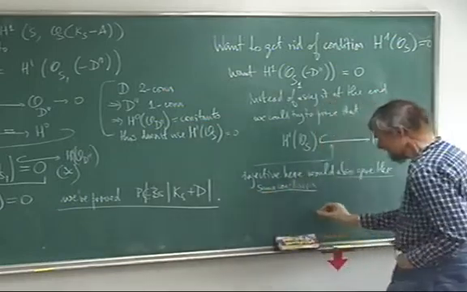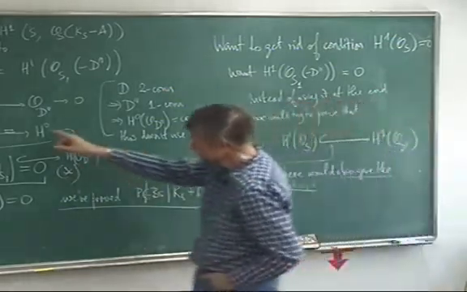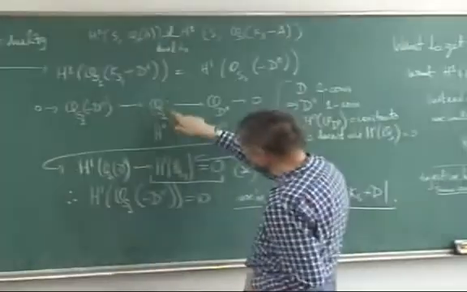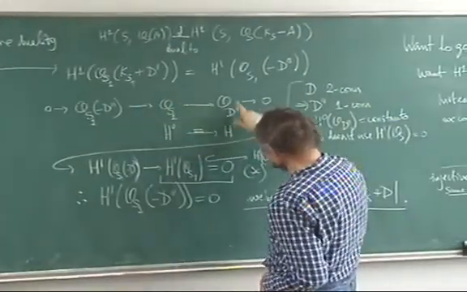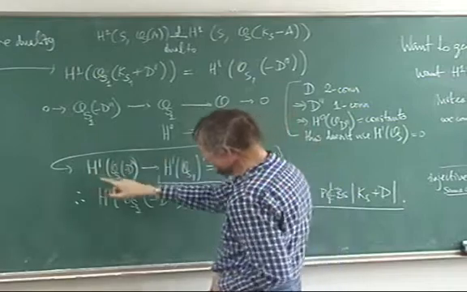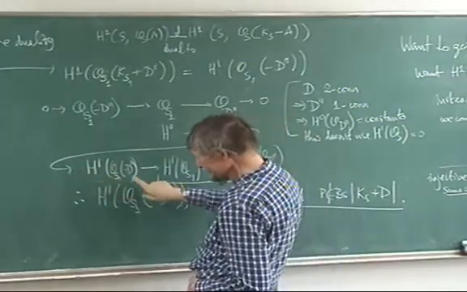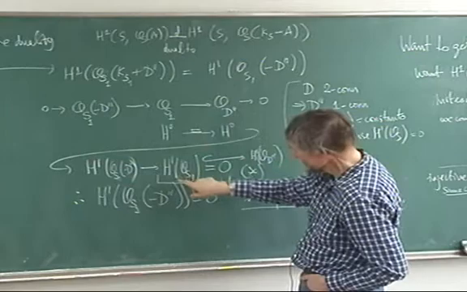Namely, it's the same sequence here. I have H naught here is just the constant, H naught here is just the constant, maps onto a mystery group, the group we don't know, and then it maps onto this H1 OS1.